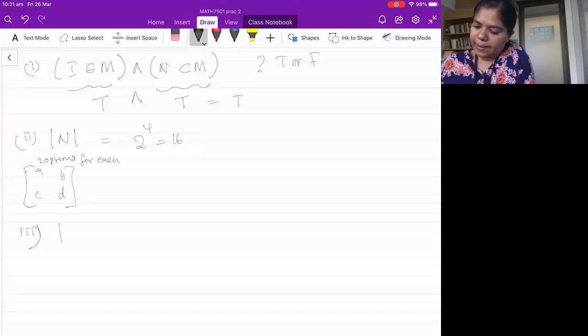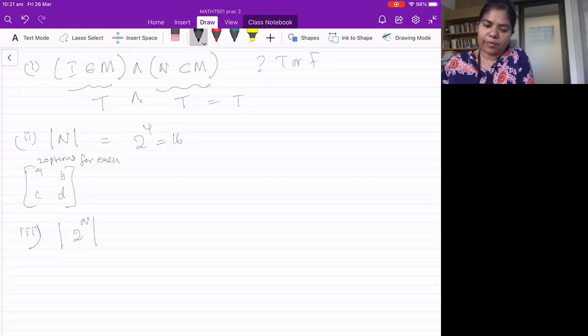Determine the number of elements, that's the cardinality of the power set of N. What do you think? Is it the same? Cardinality, remember in track 1, I think last week also we came across this.